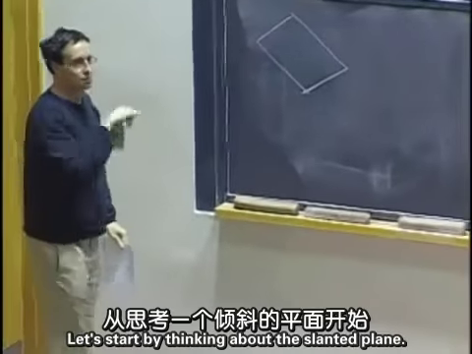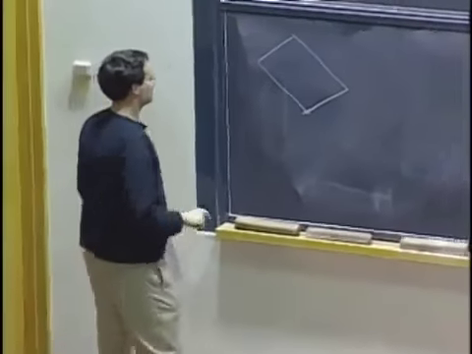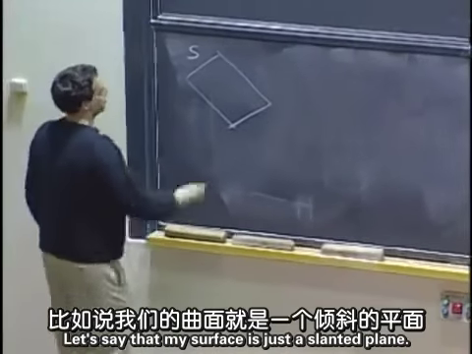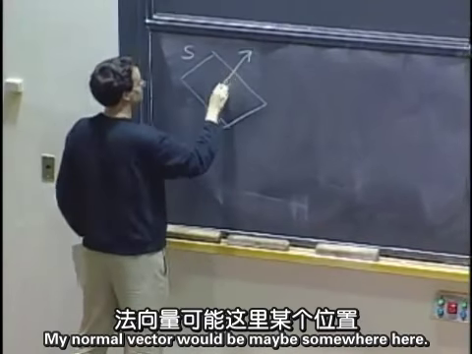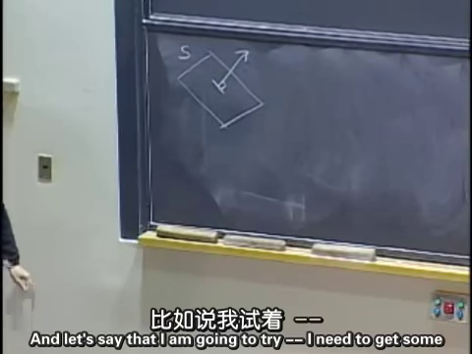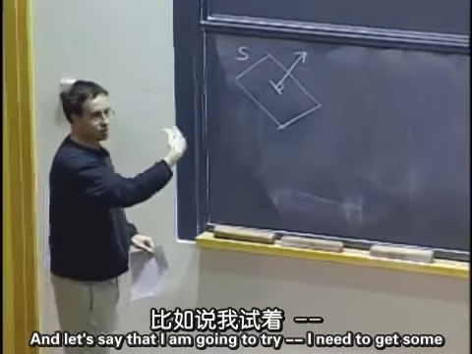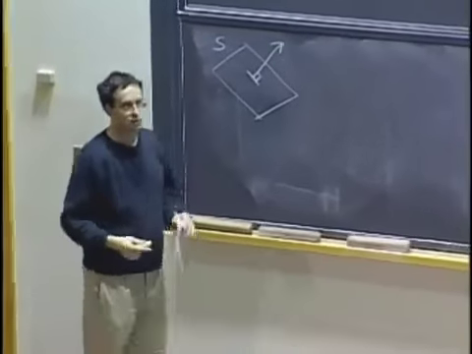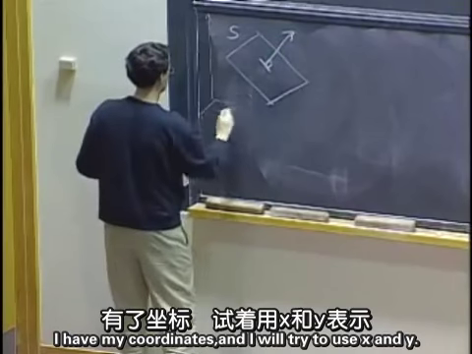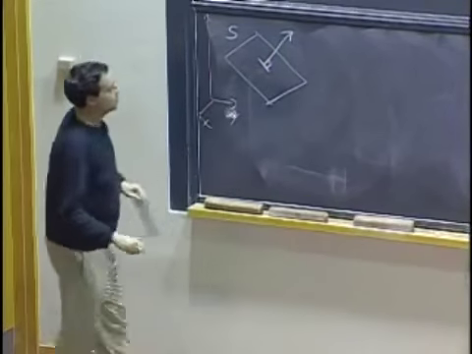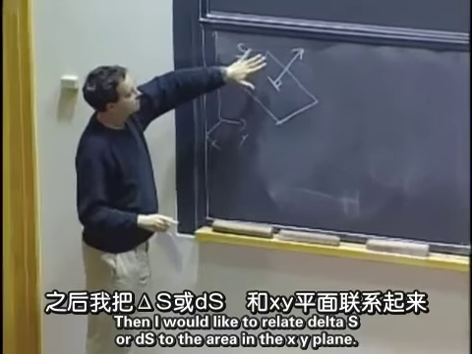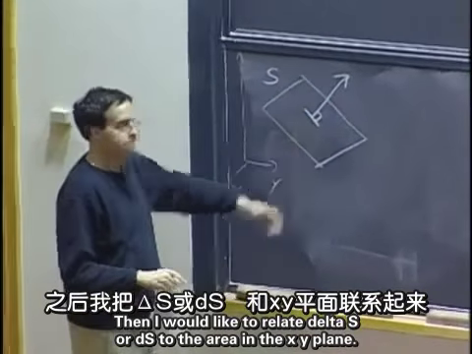Okay, so let's start by thinking about a slanted plane. Let's say that my surface is just a slanted plane, so my normal vector would be maybe somewhere here. I need some handle on how to set up my integral, so maybe I'm going to express things in terms of x and y. So I would like to relate delta S, or dS, to the area in the xy plane.